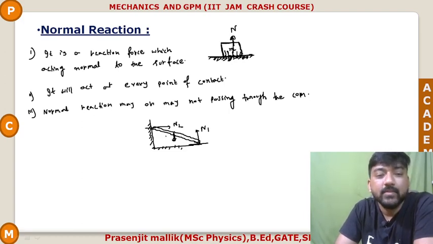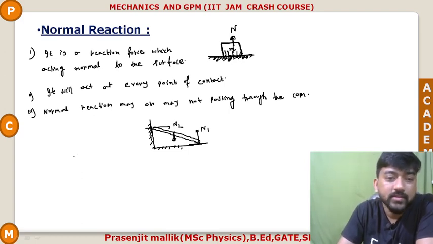But sometimes what will happen, you can't find the perpendicular to the surface. If that situation is happening, if you can't find the perpendicular to the surface, but you can find the perpendicular to the object, then you can draw the normal reaction perpendicular to the object, something like this.